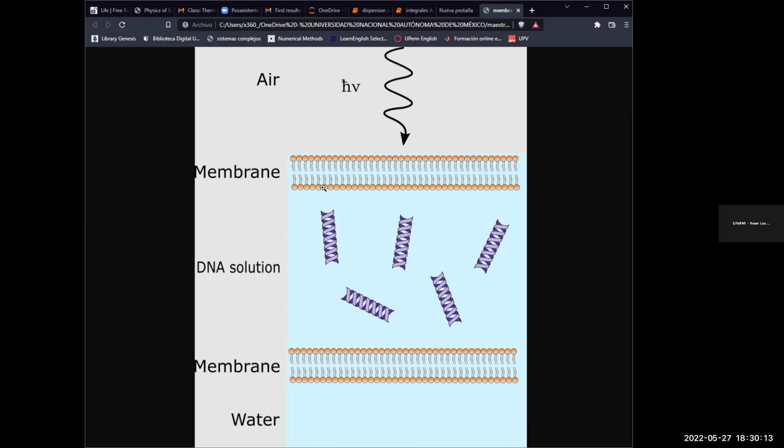We have the lipid membrane, fatty acid membrane, and the DNA solution. This is another layer of DNA solution, another layer of membrane, and water. So the idea is the light comes inside the system, and one part is reflected, one part is transmitted at each interface.